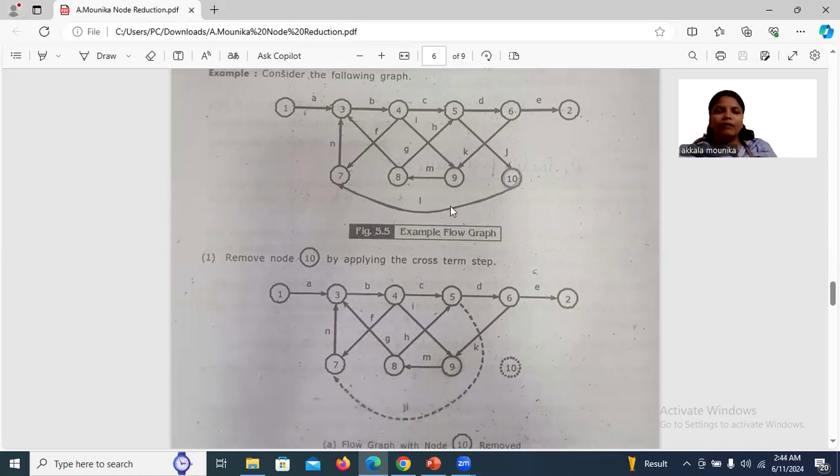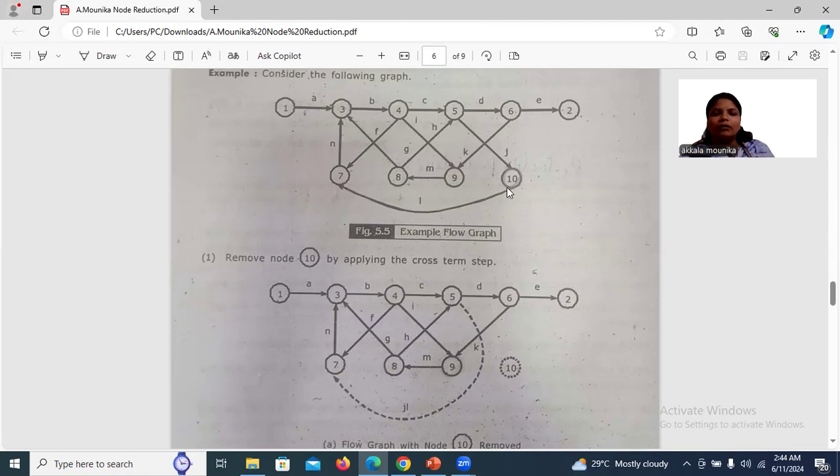First and foremost, we have to remove this 10. For the 10th node, we have to check first what the incoming links are and what the outgoing links are. Here the incoming is the J path segment, coming from the 5th node, and from the 10th node, the L path is going to 7.